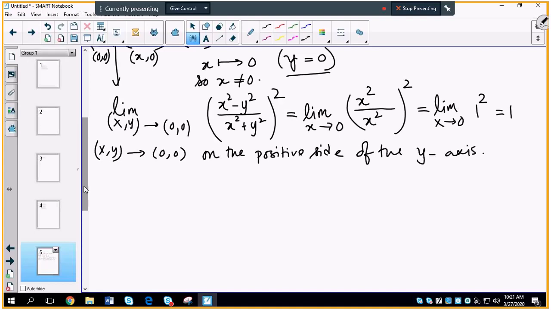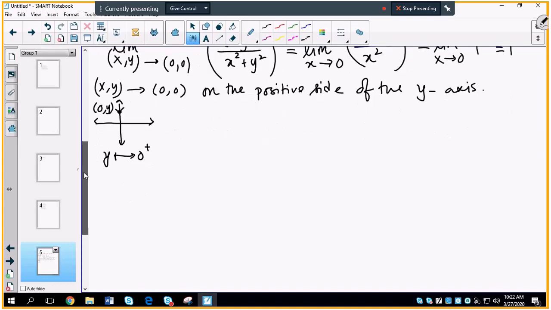Well, it is pretty similar. You are approaching the point 0 comma 0 from above. Any point on this is going to be of the form 0 comma some y. So your x, y going to 0, 0 has reduced to y approaching 0, and because I'm approaching from above, I can say 0 plus, whichever way I want to write it.